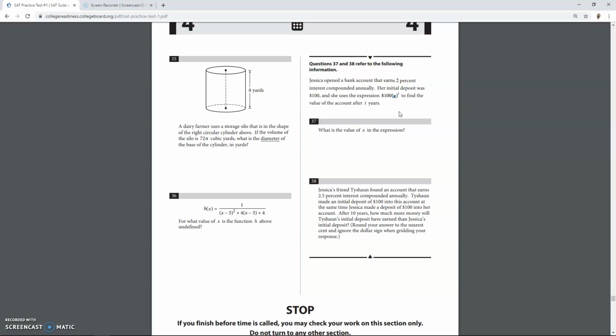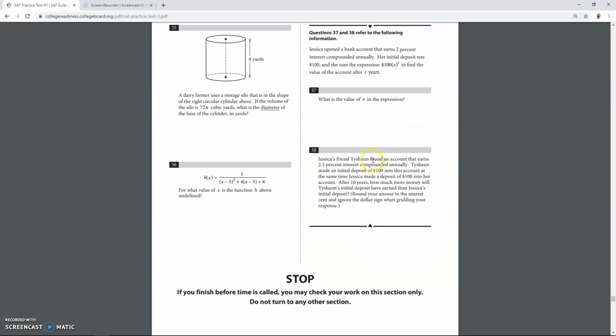That will be 1, which is the original value, plus 0.02, so x equals 1.02. For 38, we use a calculator to do this one, and we find out how much each year times 1.025 each year, and then we can get an answer of 6.11.